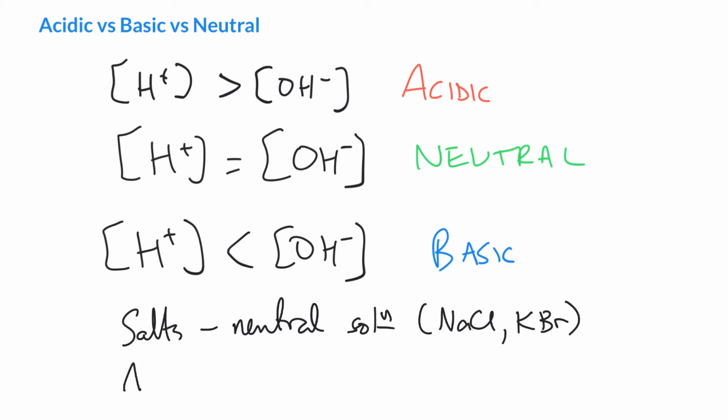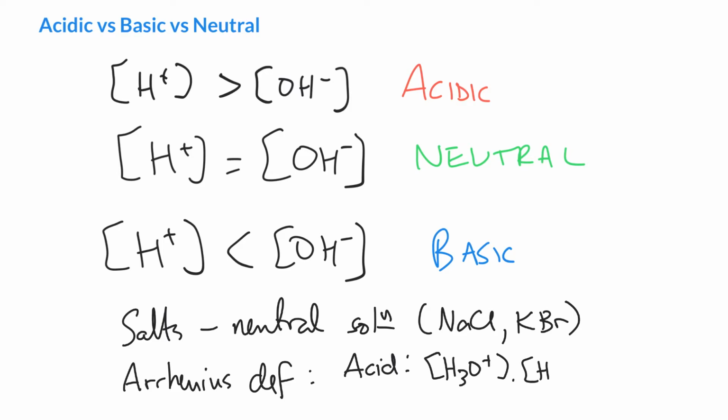Remember though, we met earlier the Arrhenius definitions of acids and bases, and the Arrhenius definition says that an acid is something that increases the H3O+ or the H+ concentration, whichever you prefer, and a base is something that increases the concentration of the hydroxide ion. And so we can see that's why you have an acidic solution.